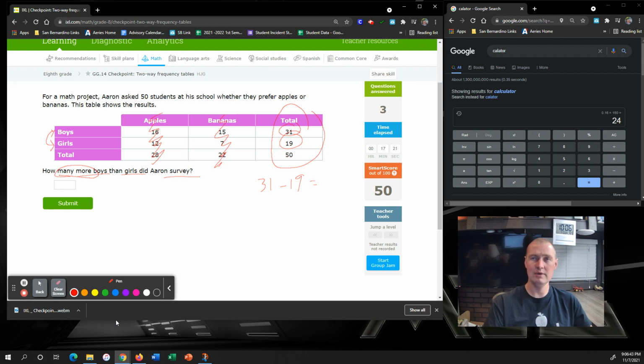So 31 minus 19 will give us our answer on this one. This one was pretty nice. 31 minus 19 gives us 12. So we had 12 more boys compared to girls surveyed. This survey could be a little bit unfair because usually when you do a survey, you want to try to get everybody equally. So 12 on this one.